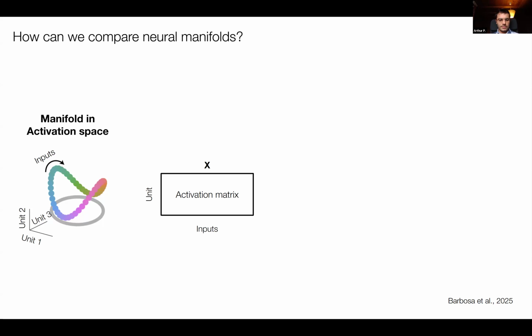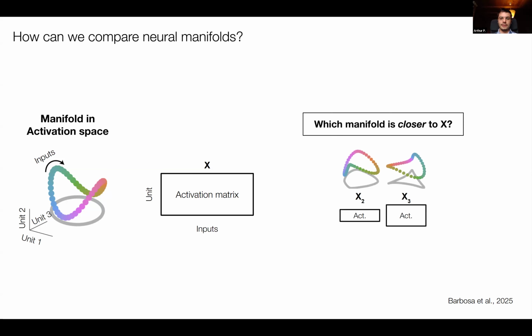Then what these methods have done is to just pass these different inputs to the network, record the activation vector, and put that into a matrix. And then ask the question, how can we quantify whether two other manifolds coming from two other networks, which one is closer to the first one?